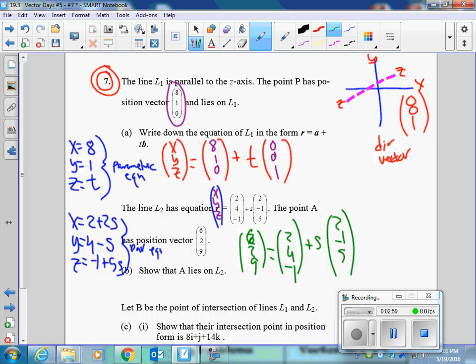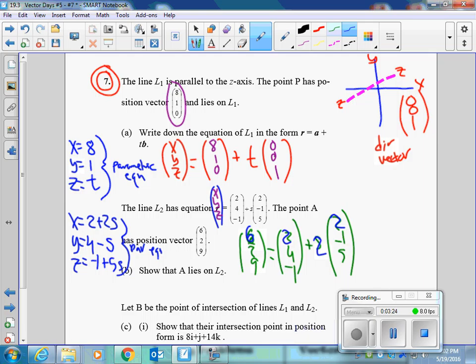Now what S should be should make it true for all 3 of these. So what would S have to be to make 6 equal to 2 plus how many times 2? 2 plus what is 6? 4, so 4 divided by 2. S should be 2 for this to work. Well, it has to work for the next one, too.